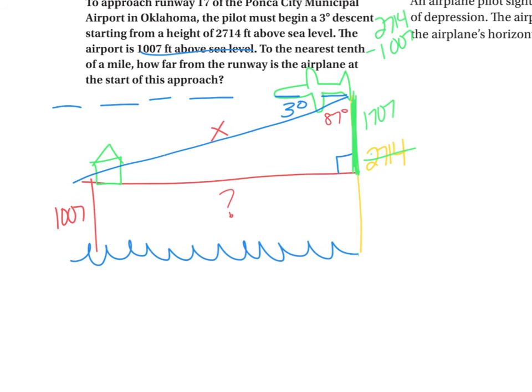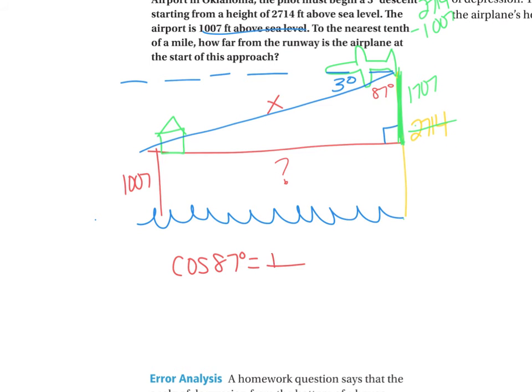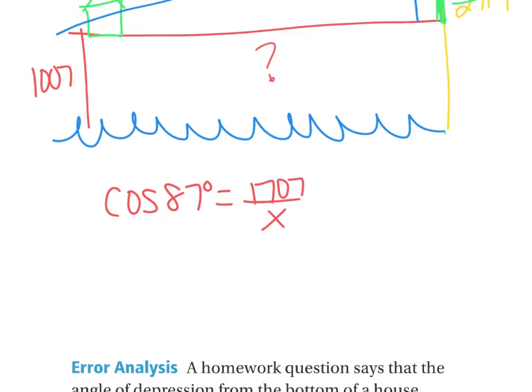Now we have enough information. We can solve for x. So we're trying to find the hypotenuse, and they give us the adjacent side. So which function are we using? Cosine. So you have the cosine of 87 degrees equals, adjacent side goes on top, 1707 over x.